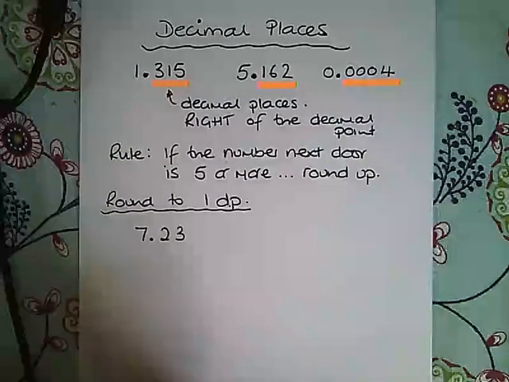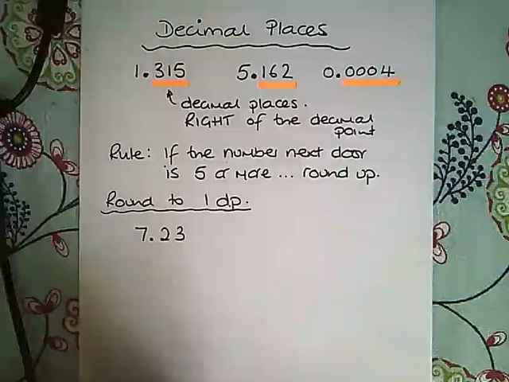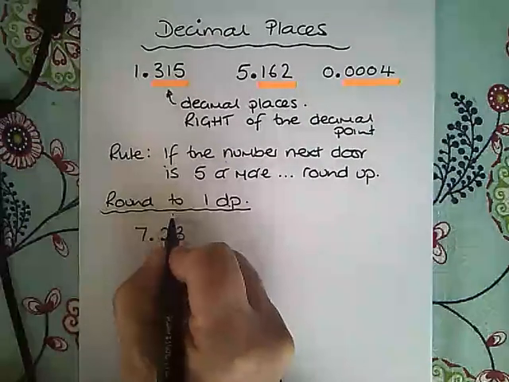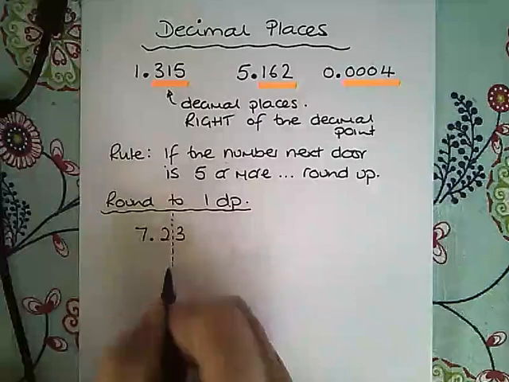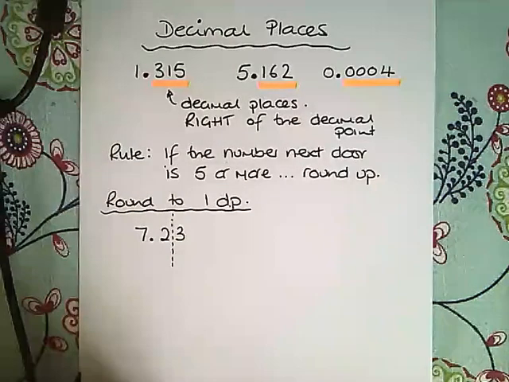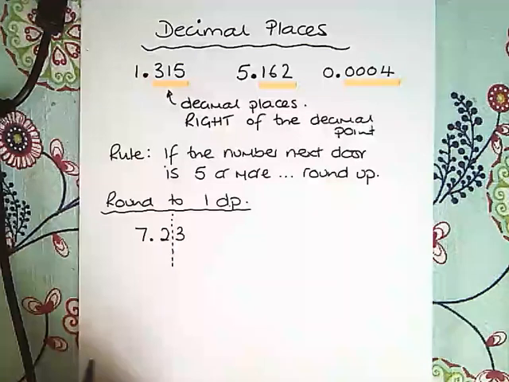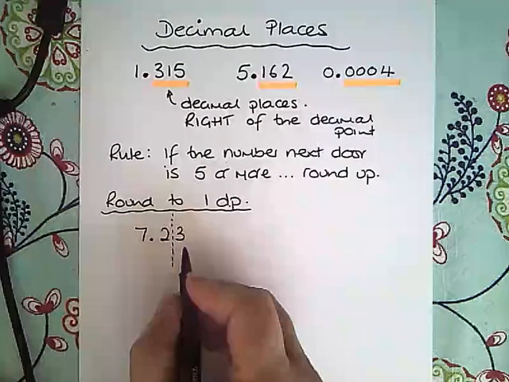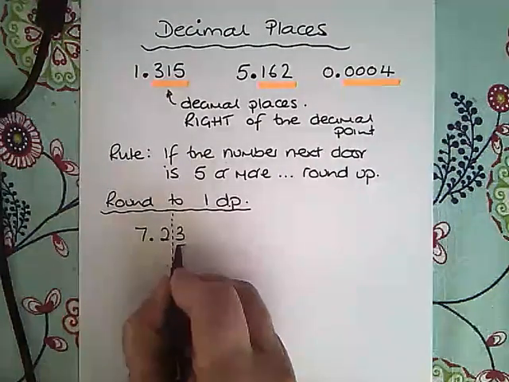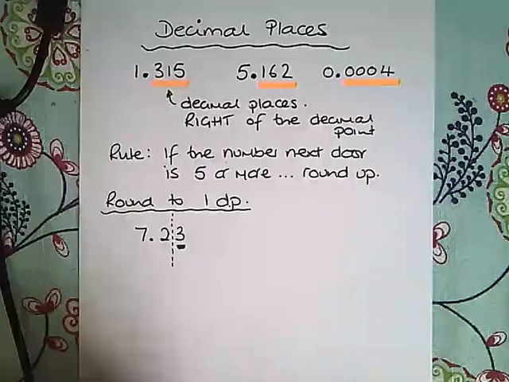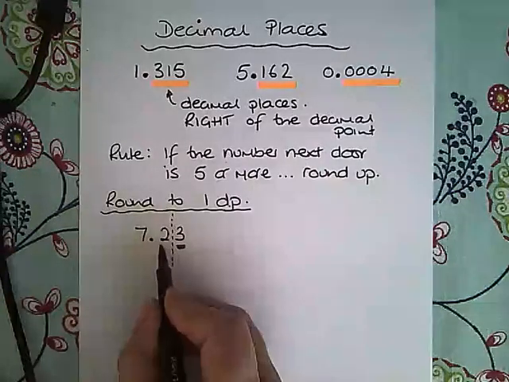Now when I'm asked to round to 1 decimal place, I always pop a little dotted line in where I want to chop the number off, and then I know exactly which numbers I am looking at. So I am looking at this number here, the 3, to tell me whether the 2 changes or not.